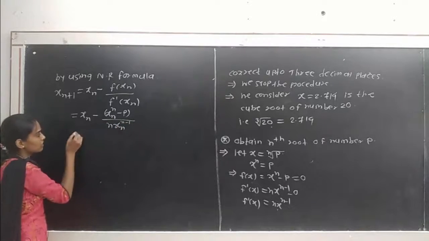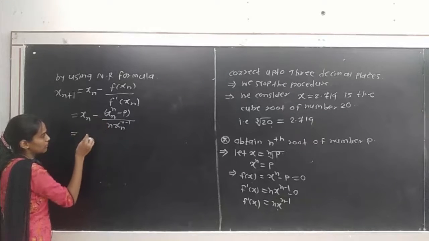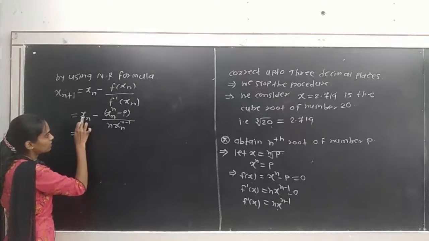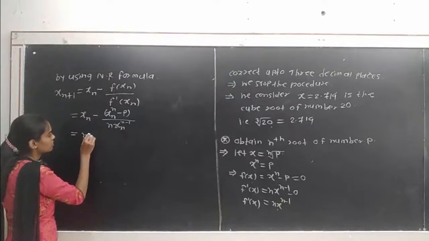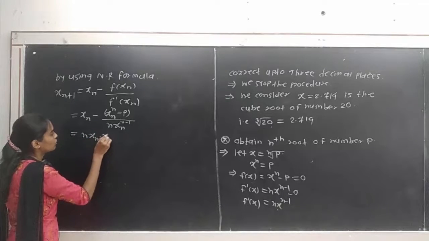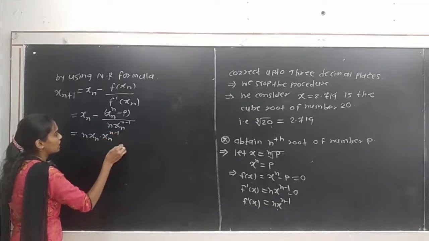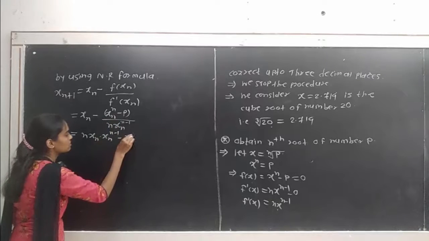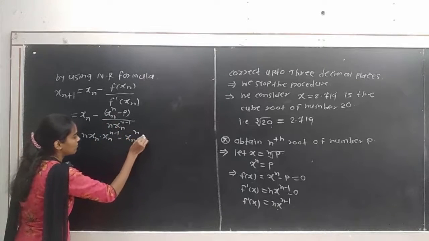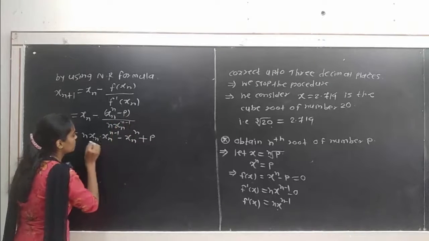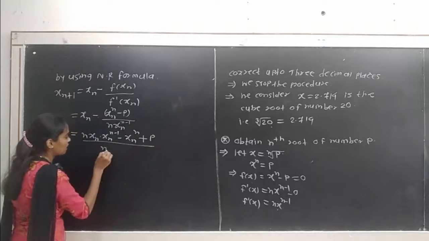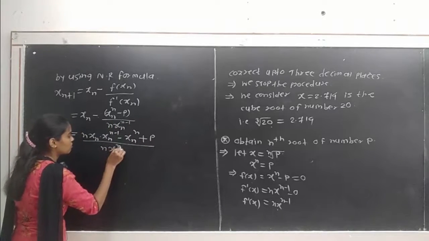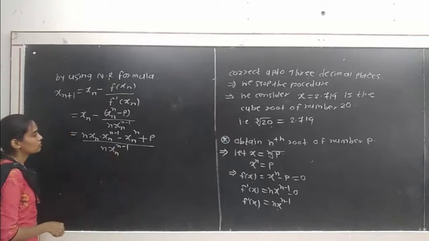Then by taking cross multiplication we get n x_n into x_n raised to n minus 1 minus x_n raised to n, minus minus becomes plus p, divided by n x_n raised to n minus 1.